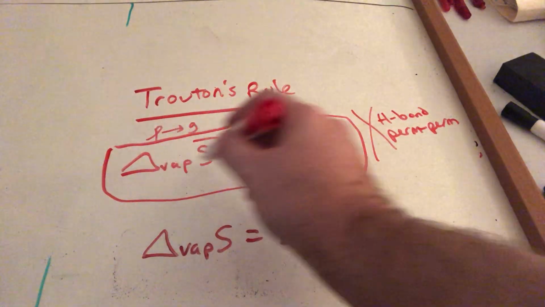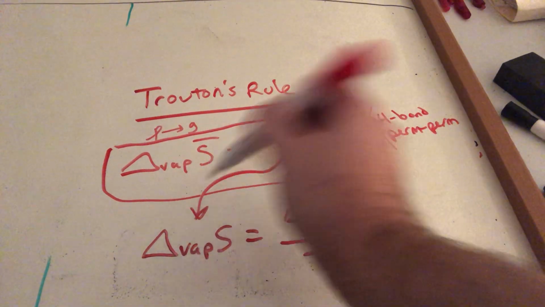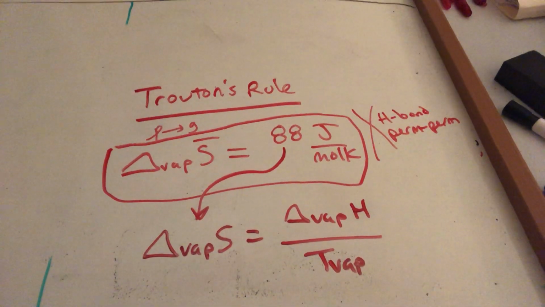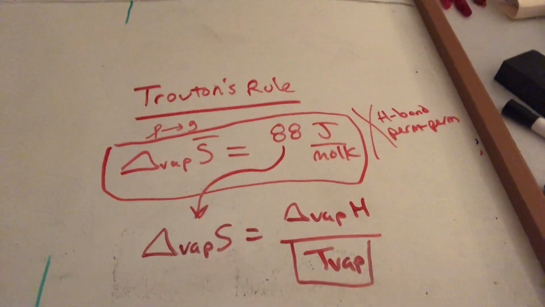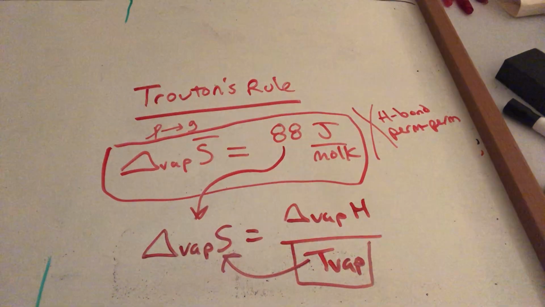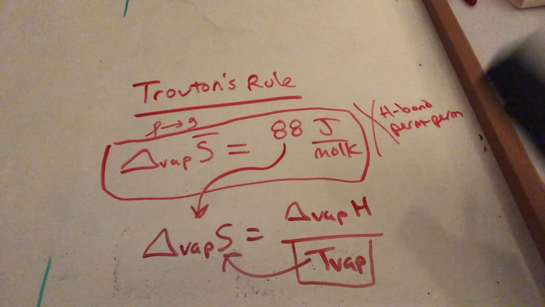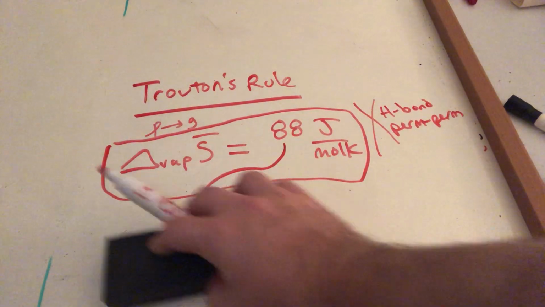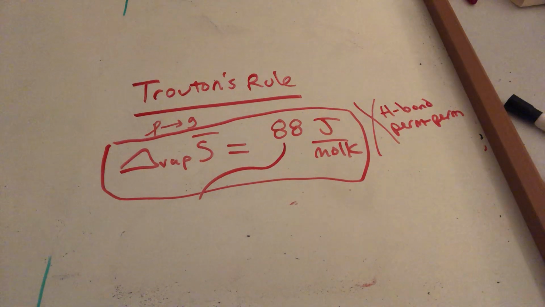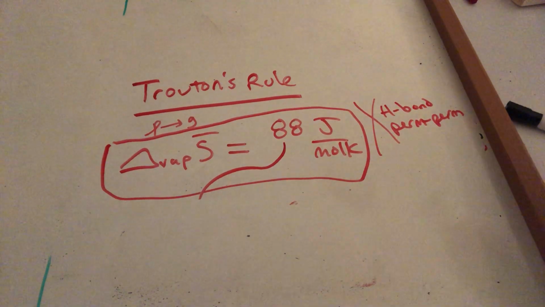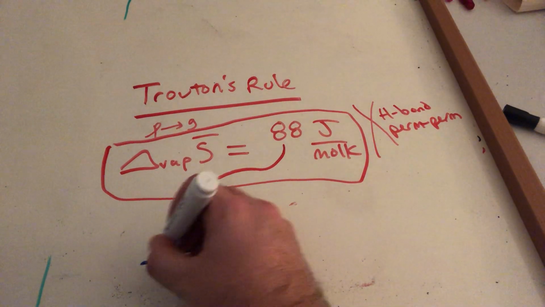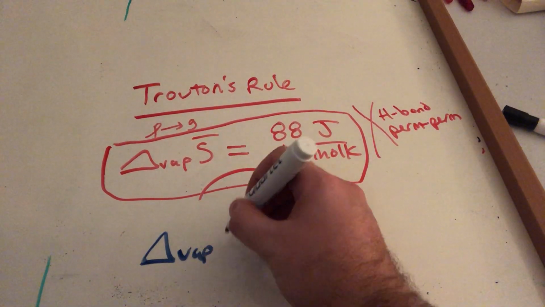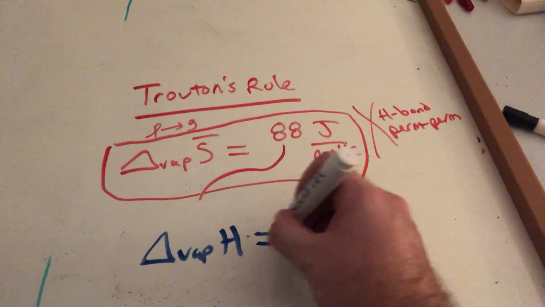So wait a second, if this delta SVAP is mostly 88 joules per mole Kelvin for most systems, and TVAP is the boiling point, and that's something I can measure pretty readily, I can combine these ideas, and get an expression that's a really good approximation for delta HVAP in situations where Trouton's rule is valid.